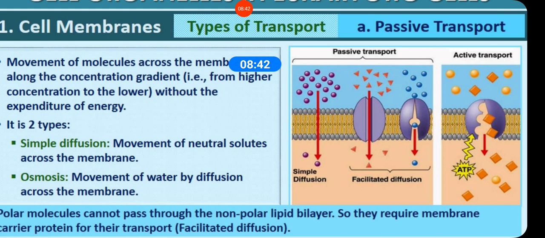The diagram is very nicely given. Simple diffusion and facilitated diffusion mean particular things are going in and out according to the shape of the proteins. That does not involve any ATP or energy, which is why it is called passive transport. What involves the entry of things with the utilization of energy is called active transport.